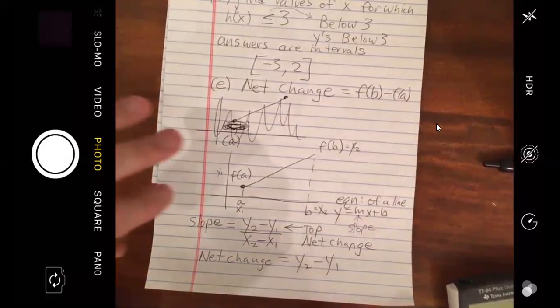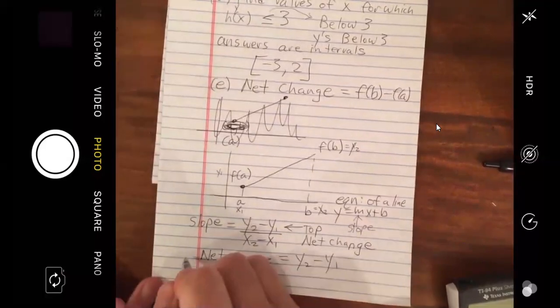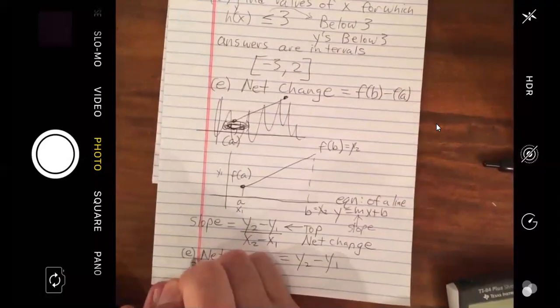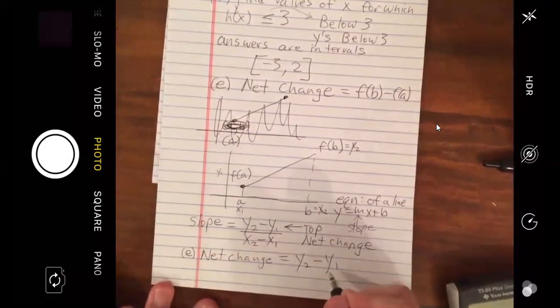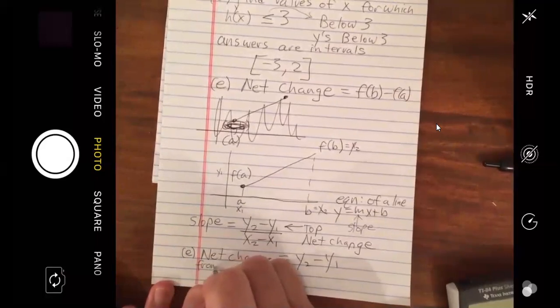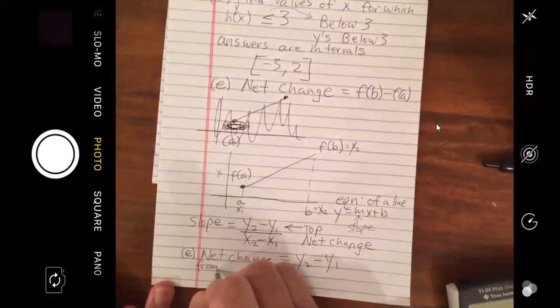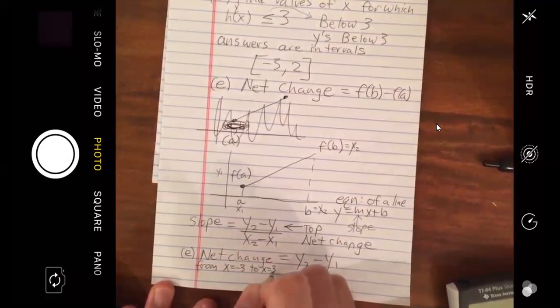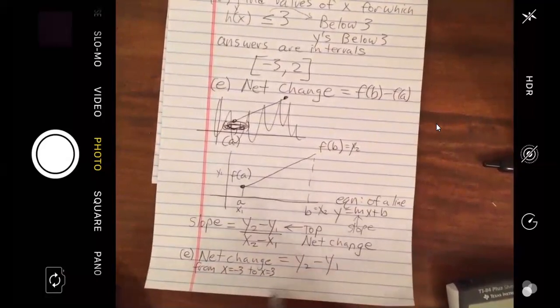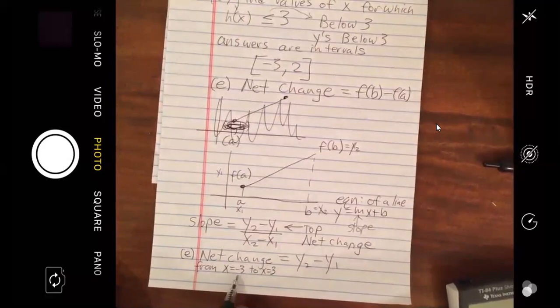Okay, so when they want net change from x equals -3 to x equals 3, I've got to find the y value at x equals -3.